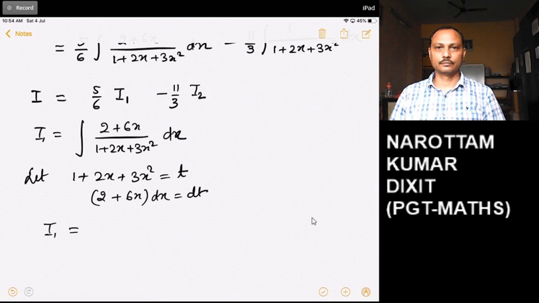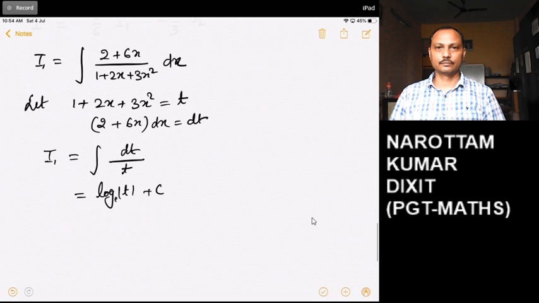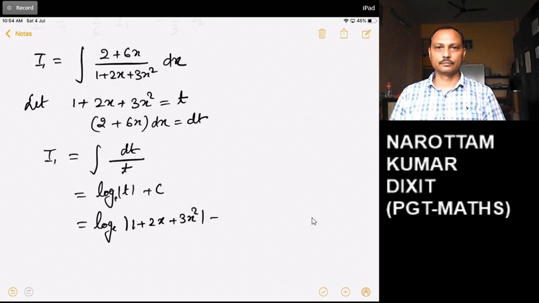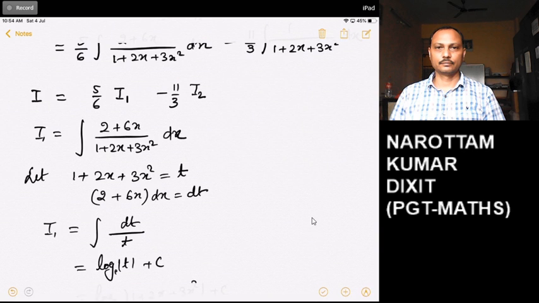So it becomes dt divided by t, it is log of t plus c, it is log of mod of t, and the value of t is 1 plus 2x plus 3x square. So this is the integration of the first term, it is I1.